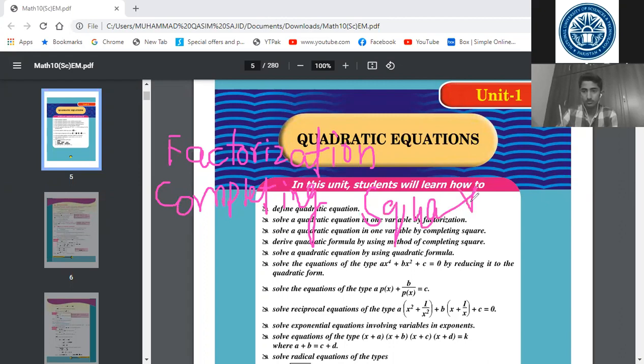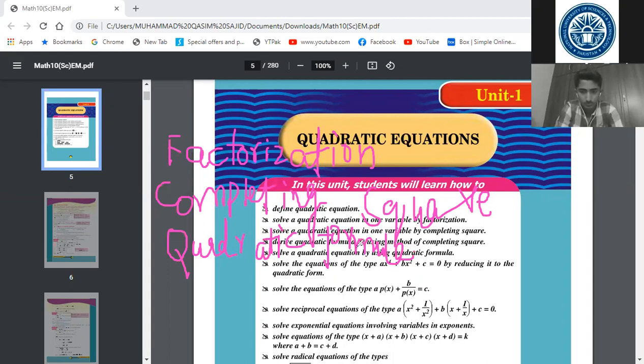And the third method is the quadratic formula. So these are the three methods to find the solution, or roots, of a quadratic equation.